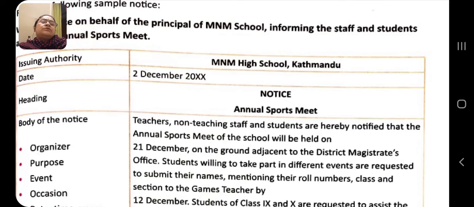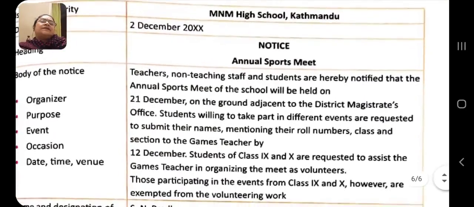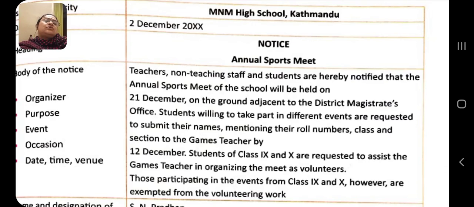Then the body of the notice: teachers, non-teaching staff and students are hereby notified that the annual sports meet of the school will be held on 21st December on the ground adjacent to the district magistrate's office. Students willing to take part in different events are requested to submit their names mentioning their roll number, class and section to the games teacher by 12 December. Students of classes 9 and 10 are requested to assist the games teacher in organizing the meet as volunteers.